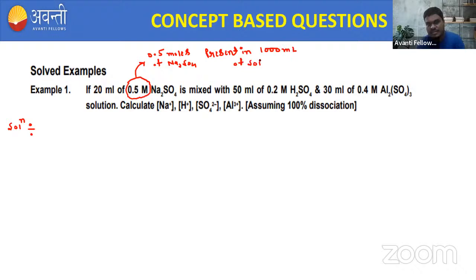So this is the meaning of this term, right? Always remember this meaning. So if someone asks what is 0.5 M, it means 0.5 moles of Na2SO4 present in 1000 ml of the solution.